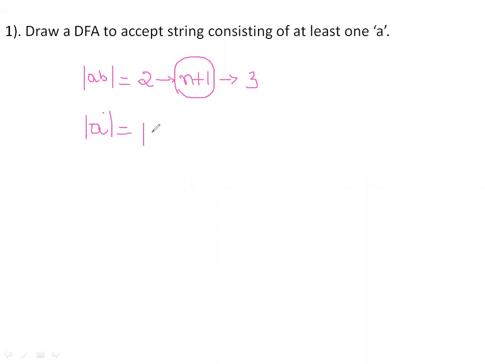So n has become 1 now. 1 plus 1 will be equal to 2. This means we need a total of 2 states to solve this particular question. So we'll see what those states are, according to our previous session knowledge.